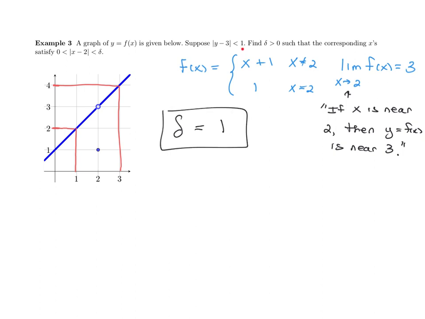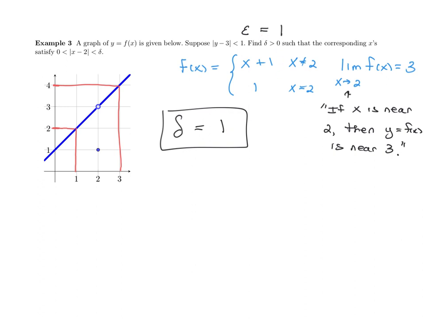So you'll be given this number here, and the goal is to find this number here. So you're told the distance you are from the limit, and then you're looking to find the allowed distance you are from this number. Just some notation here. This given number 1 here, we'll call that epsilon. In this case, epsilon is equal to 1. So you'll be given an epsilon, and the goal is to find a delta.